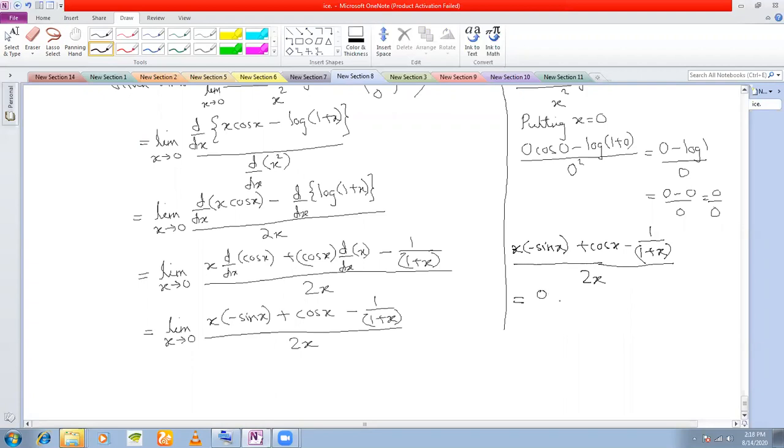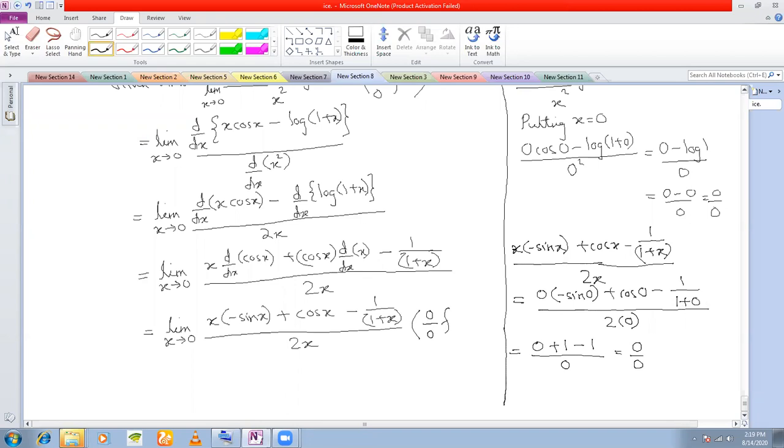So 0 into minus sine 0 plus cos 0 minus 1 by 1 plus 0, divided by 2 into 0. So in the numerator what are you going to get? You're going to get a 0. Cos 0 is 1, divided by 0, which is nothing but a 0 by 0.